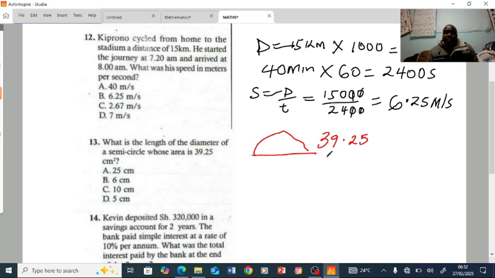We know the area of a semicircle is a half pi r square. Now a half times pi, which is 22/7, times r square. The answer should be 39.25.